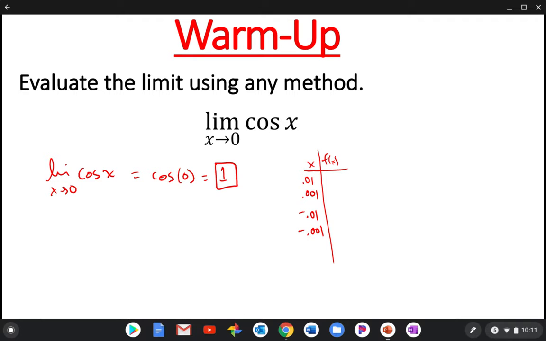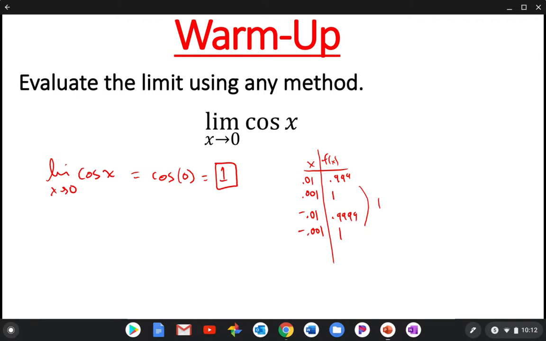When you do so, you do get values that are approaching 1. You get 0.999. This one you actually get 1 if you do it in the table of your calculator. Probably get similar results, yep. So you can clearly see by making a table as well that these do approach 1.